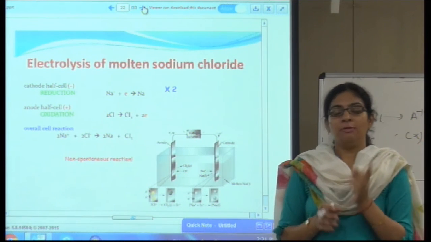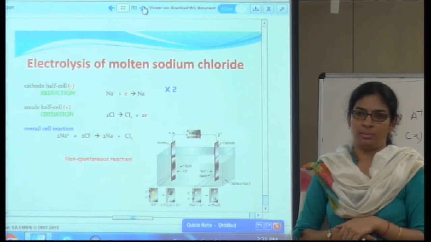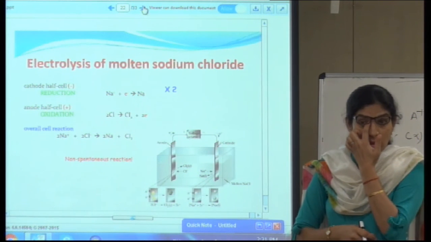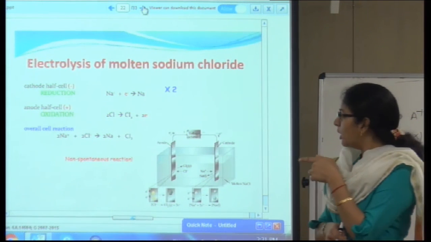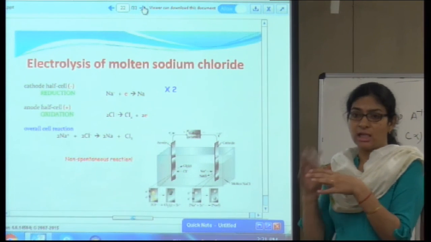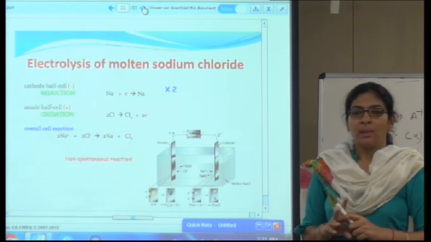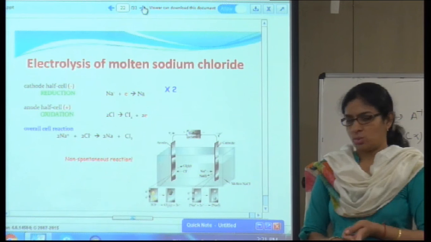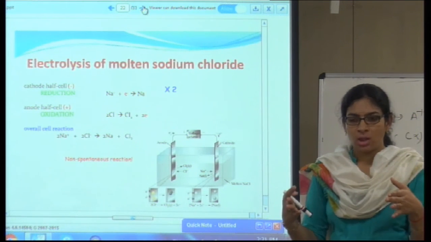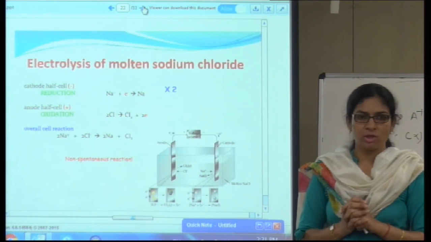But if you take the same substance in its aqueous form, you can also take the aqueous solution of NaCl, there you'll have some reactions which will take place in addition to these reactions, correct. Why? Because there you have water also. Competitive reactions will take place. Water can also be dissociated into H plus ion and OH minus ion.